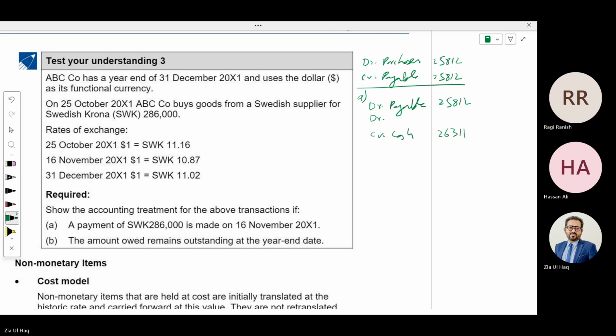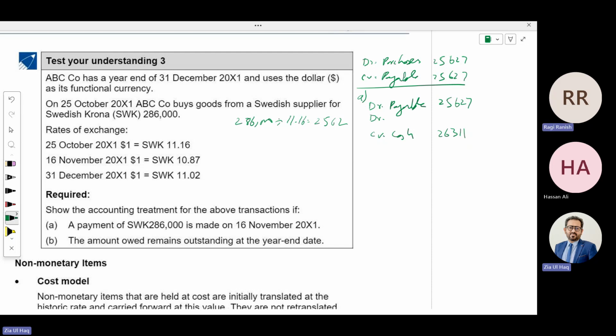Was that 286,000 divided by 11.16? That is 25,627.